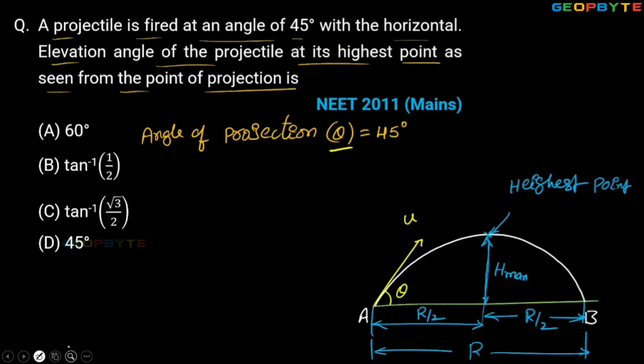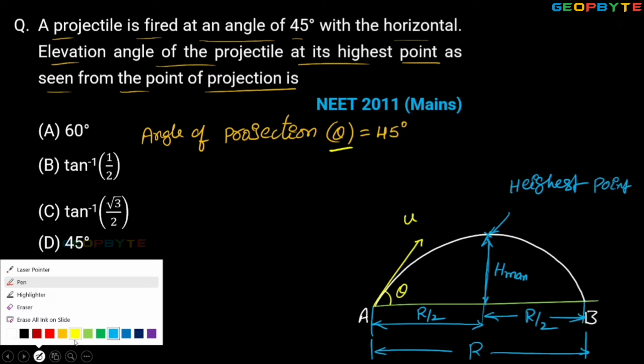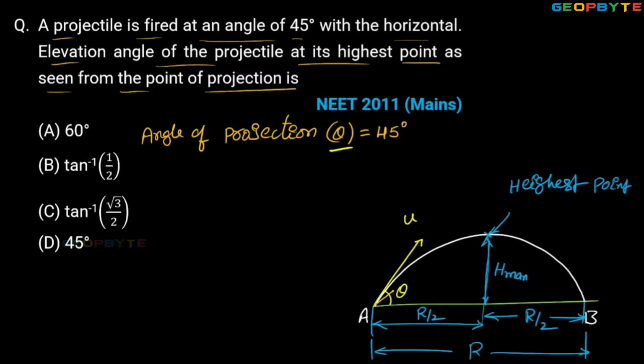Then what is the angle of elevation from the projecting point? This is the angle of elevation from the projecting point, alpha. Alpha equals the angle of elevation.